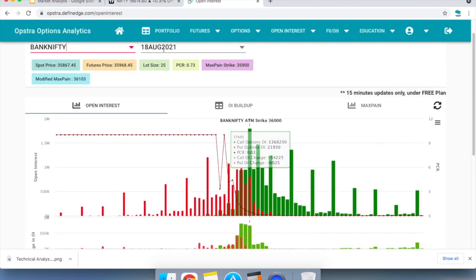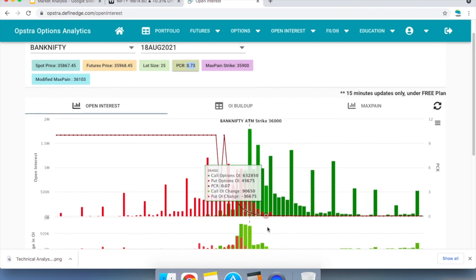The Bank Nifty for tomorrow's expiry, right? The PCR ratio is 0.73, which means it's not bullish. It has to move above 1 to be called bullish. So that's a concern. The graph also shows that this is a bearish graph for the next expiry. 36,000 is the highest resistance.